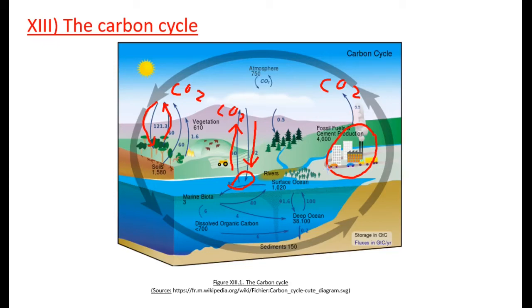Two things we can say is that the fluxes are in GTC. This means gigatons of carbon, so in billions of tons of carbon per year. And in black we've got the storage. So for example, sediments will store carbon. You might know of limestone and chalk.